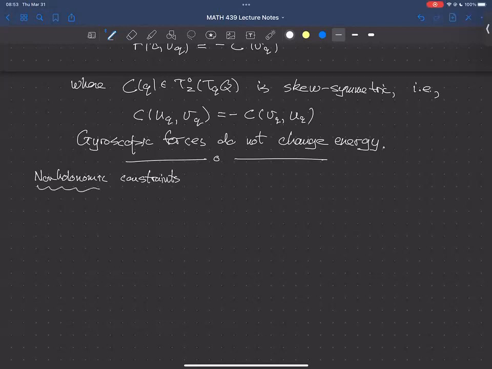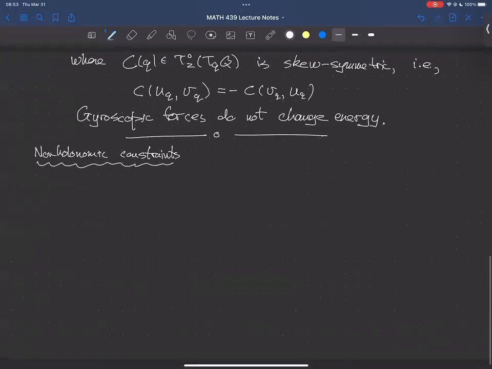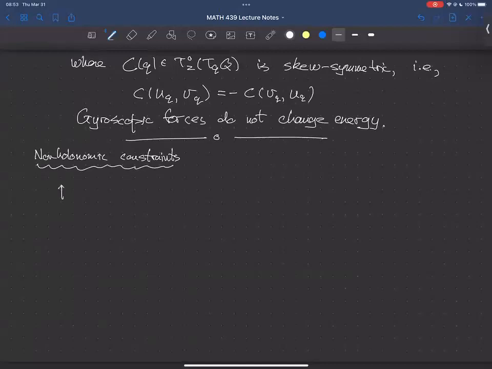Now, we started at the beginning of the course with 3 examples. We had our planar body example, then we had our stupid robot example, and at the beginning of the course we also talked about this rolling disk example.